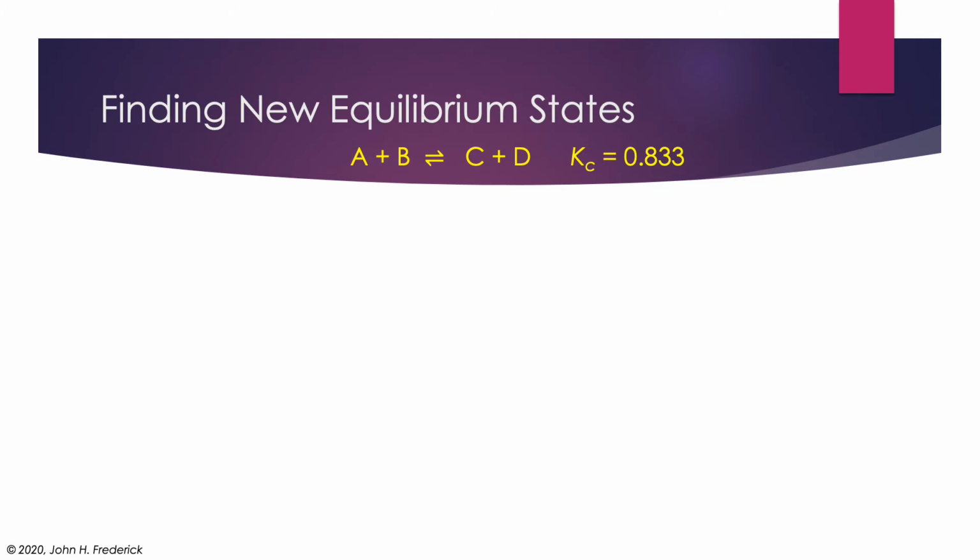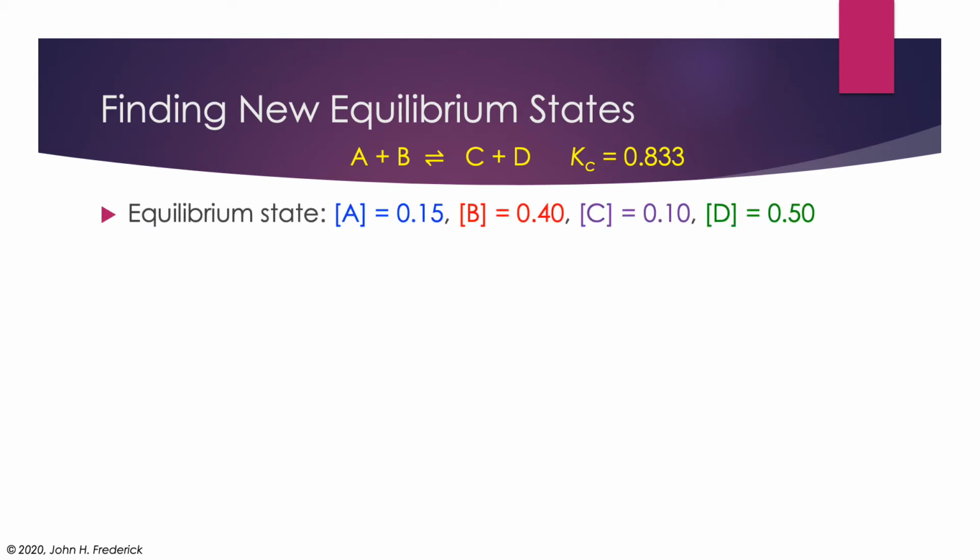So now I want to see how this leads us to find a new equilibrium state with our special reaction A plus B goes to C plus D. Now I'm going to give you the equilibrium constant value of 0.833, and one of the equilibrium states would be given by these concentrations. I say one of because there are an infinite number of them. You can plug these numbers in to the expression for the equilibrium constant and you should get 0.833 when you do that.